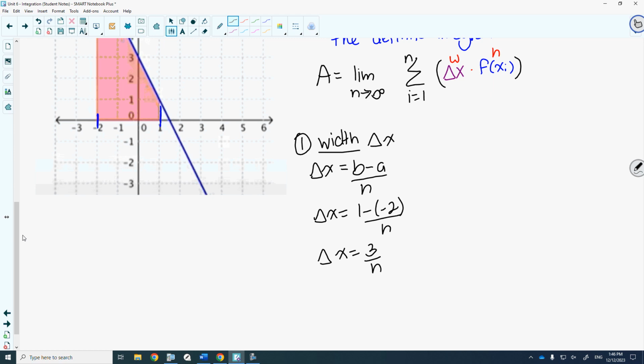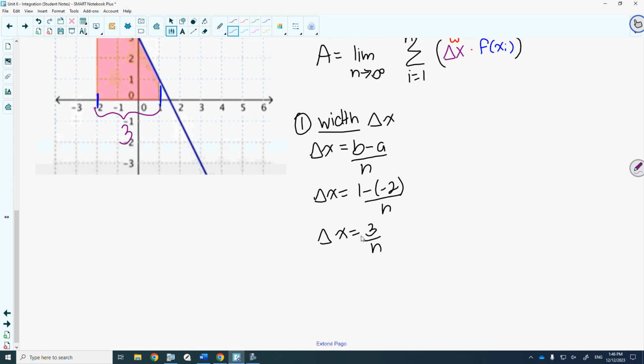Now, that should make sense to you, right? Because if I asked what is the width of this interval, the width here is 3 units. Then we divide it by n, which is the number of subintervals, or the number of rectangles.